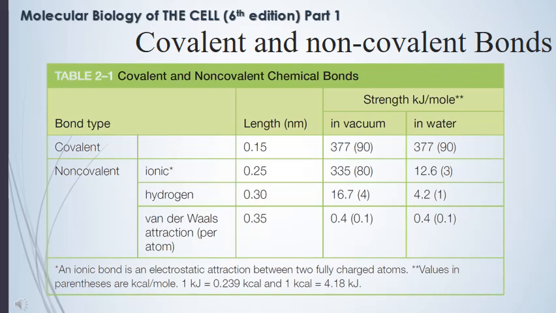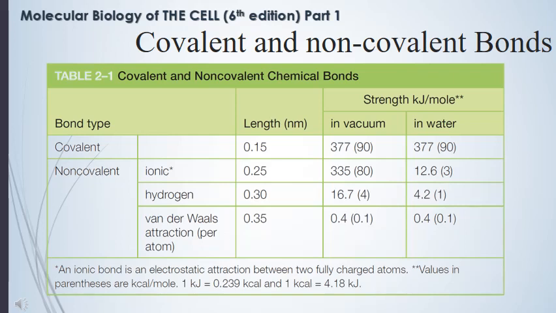Because if we look at the non-covalent bonds, such as bonds that are formed through electrostatic attractions, ionic bonds, first of all, their lengths are longer. They're a bit less than twice as long as the average covalent bond. Now, if you pay attention to the in vacuum strength, it actually rivals that of covalent bonds. It's quite strong.